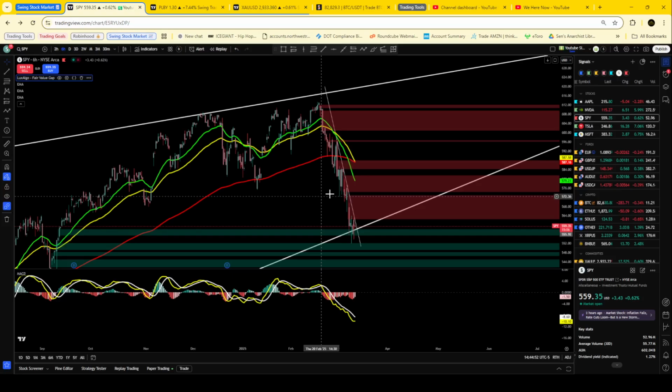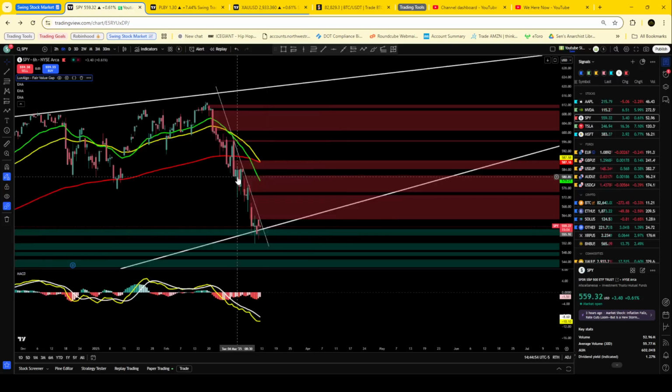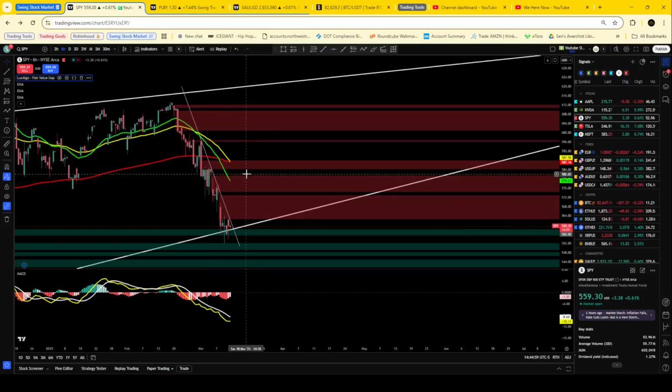In January it touched this area plenty of times, and the 30-day EMA is in this area as well. Remember what I said: once price moves away from the EMAs, you should be looking for a reversal soon. And I believe this is the reversal.